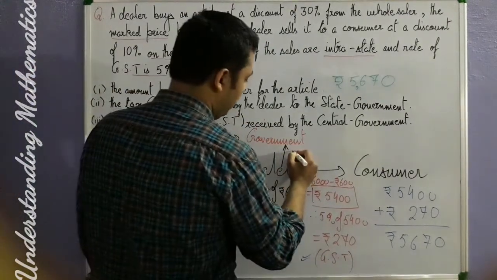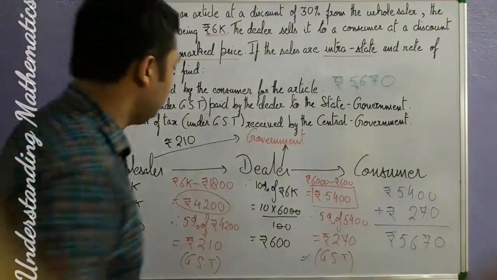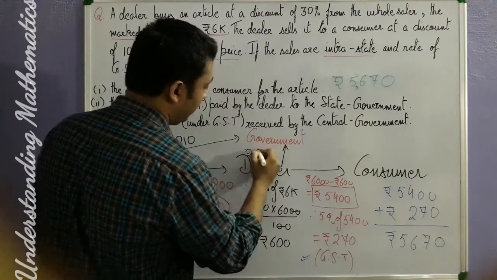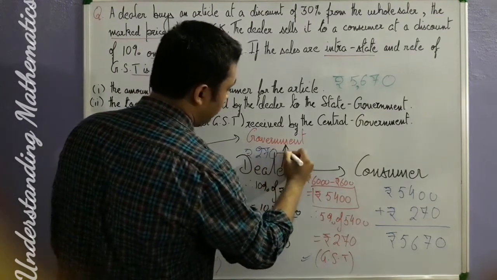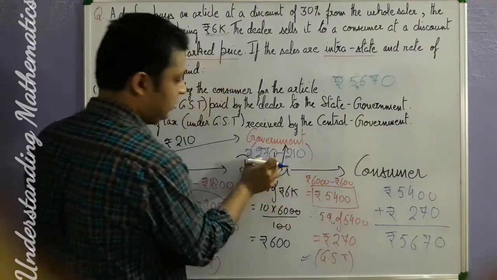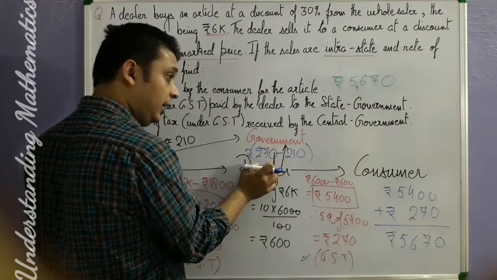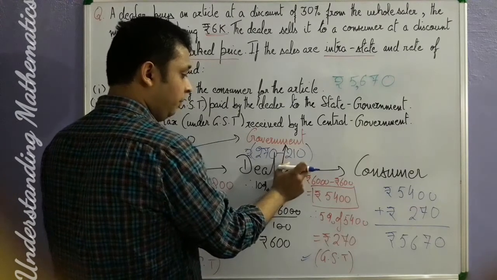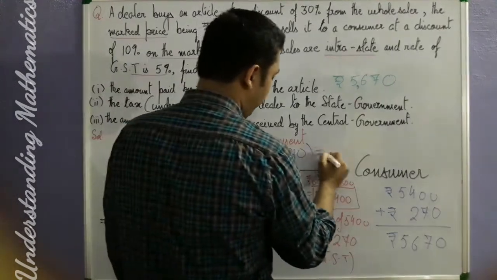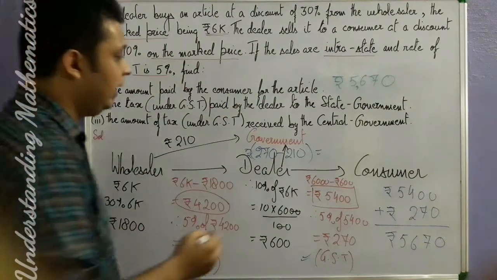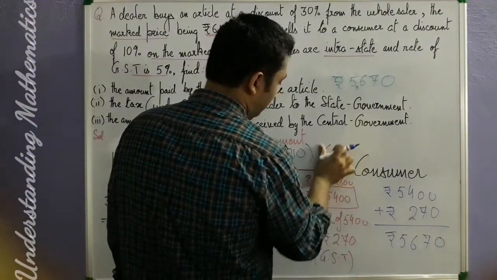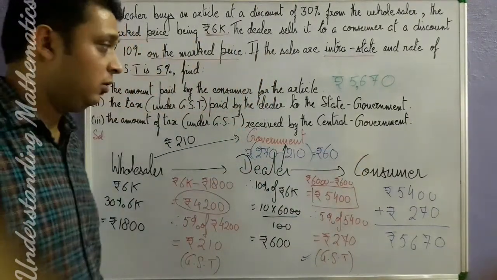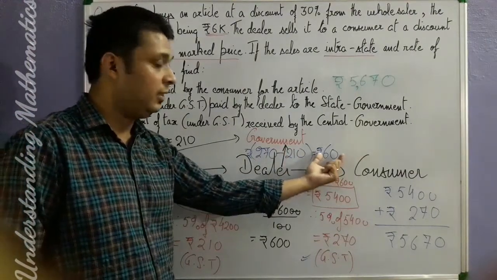If you calculate it, it is 270 minus 210. 270 is the GST collected by the dealer, and 210 is the input tax credit for the dealer. If you subtract it, you will get rupees 60 as the amount paid by the dealer to the government. Clear? So this is the total amount which will be paid by the dealer to the government.